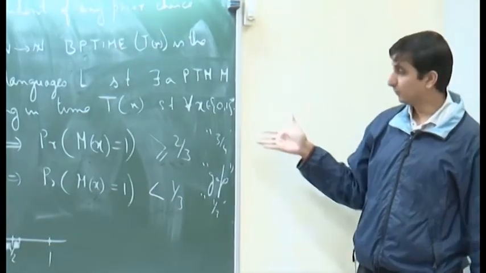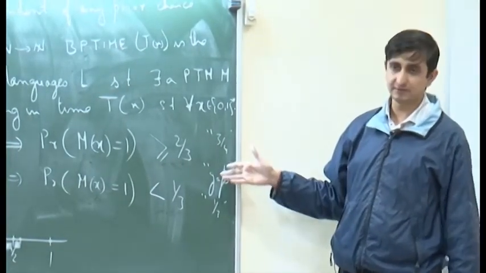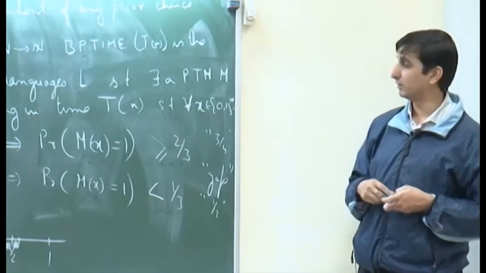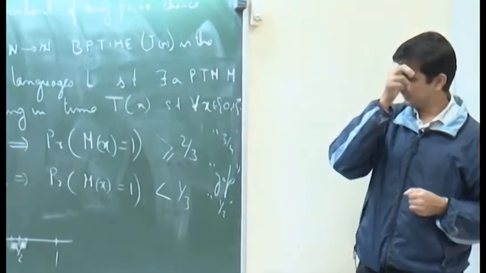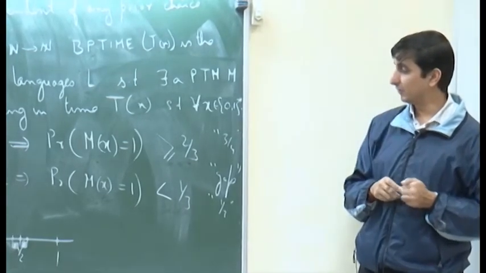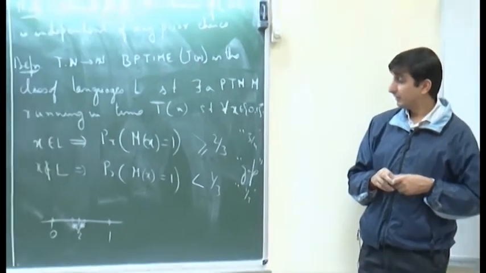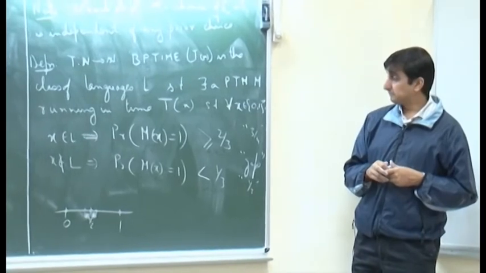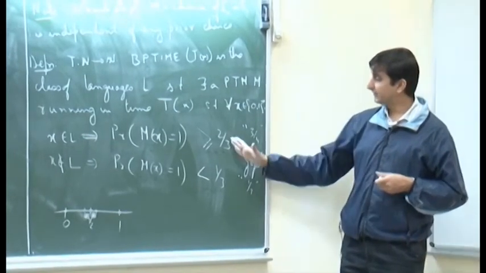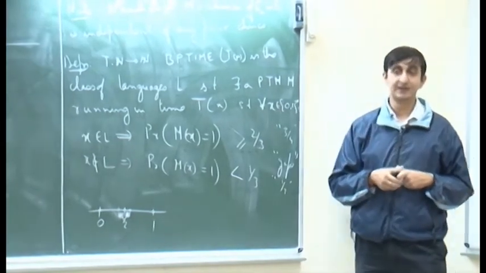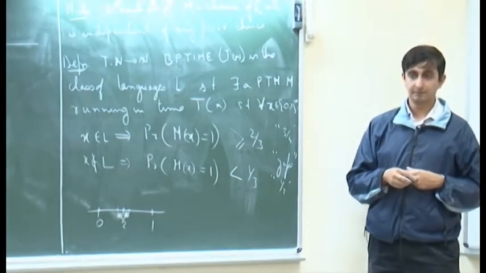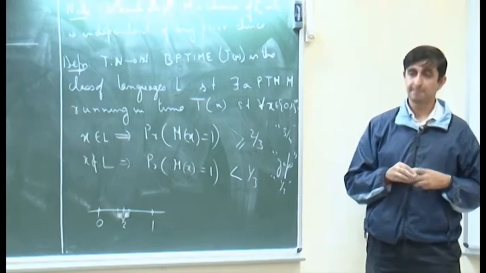The moment I try to amplify that constant, that amplification basically occurs by running this machine several times. We will see that day after tomorrow how that can be done. Both these constants will simultaneously start decreasing, based on what their value is.